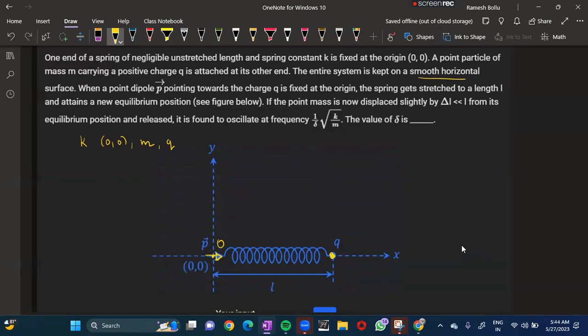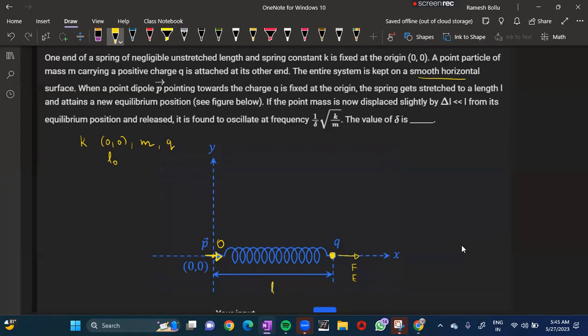And when the dipole is like this, at point q, it will produce the electric field in which direction? Away only, na? Electric field away and force also away. That's what L is, the stretched length, not the original length. L naught may be the original length. L is the stretched length after elongation.